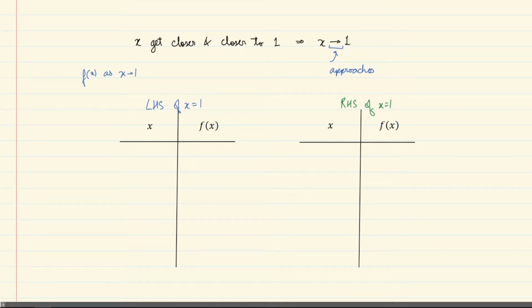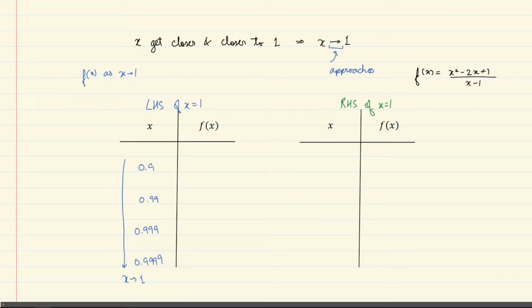So from the left-hand side, we can plug in numbers like 0.9, 0.99, 0.999, and 0.9999. So you can see that x is getting closer and closer to 1, or x is approaching 1. And plugging these in to f of x, let me just rewrite that function over here. f of x is equal to x squared minus 2x plus 1 over x minus 1.